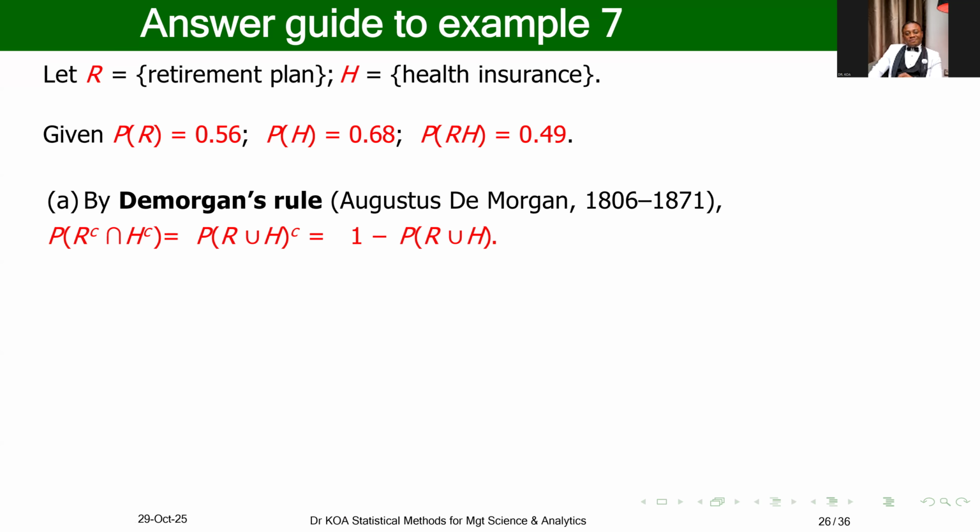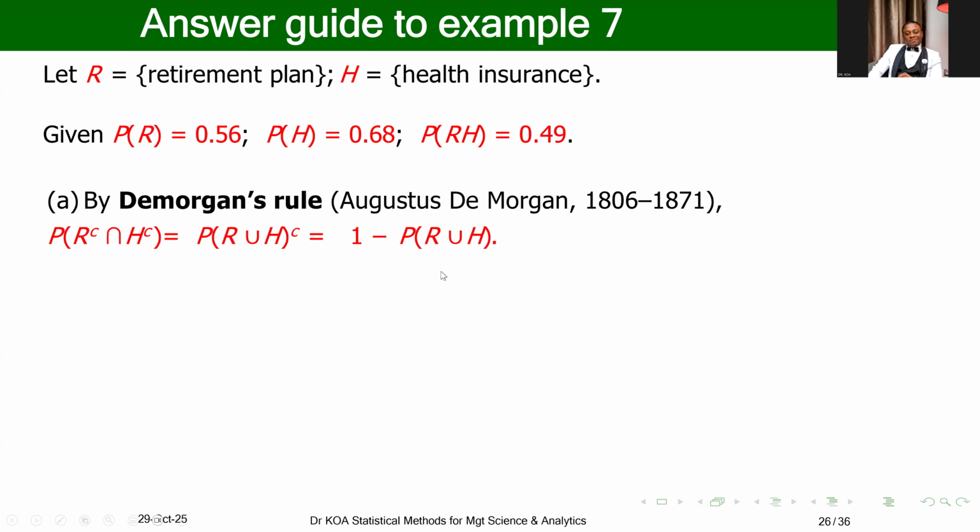The question says those who are neither, the X that we found. Neither means that they are not part of the intersection. R complement is anything that is not in R. H complement is anything that is not in H, but it's in the universal set. The intersection of that gives you 1 minus the union of that.